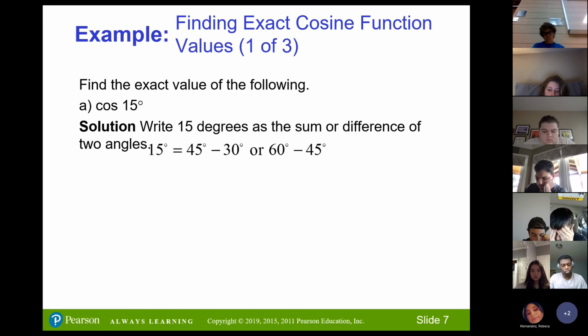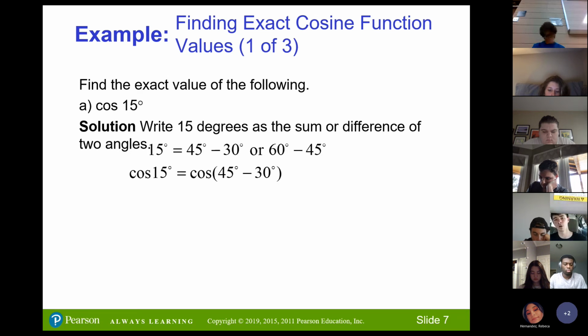And put in a 45 and a 30 and a 45 and a 30. There you go.